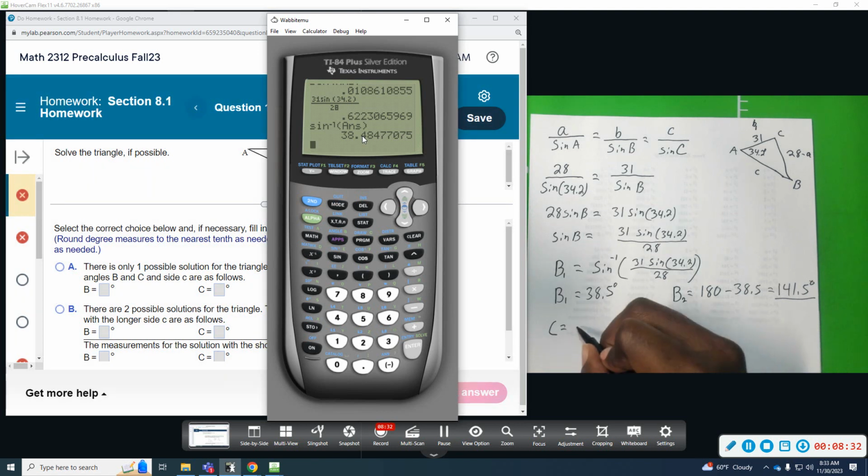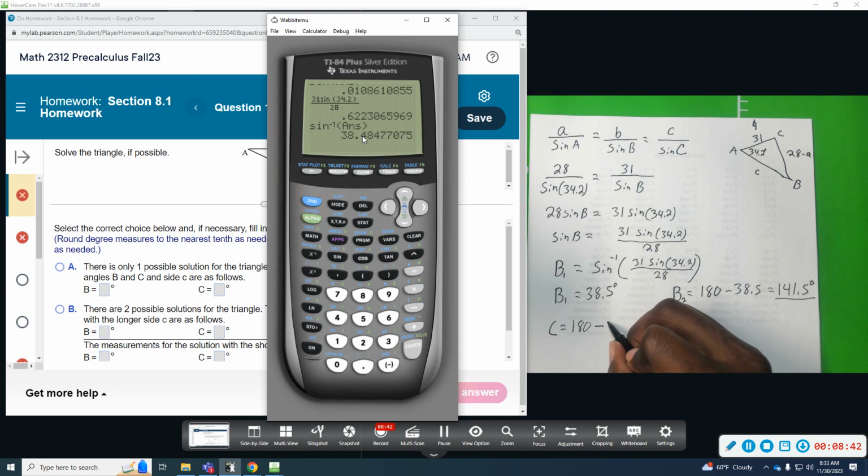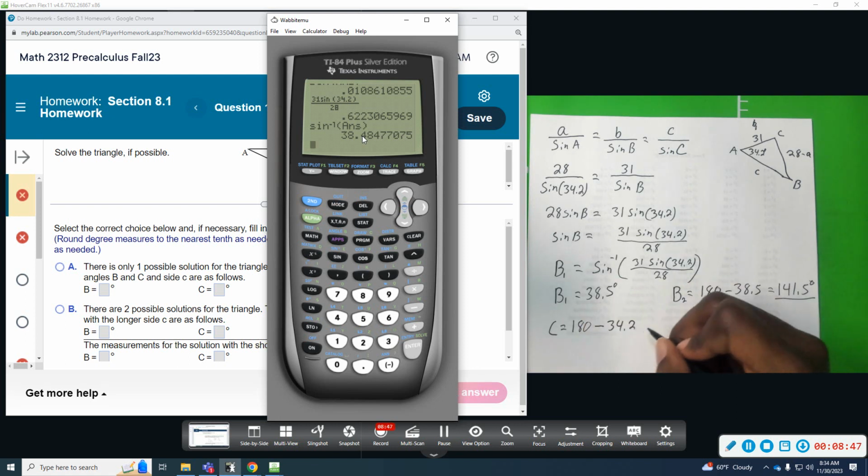So if I do 180 and I subtract the 34.2 that we were given for angle A, and I subtract the measure of angle B, which I just found, minus 38.5, that will give me angle C. So let's do that. 180 minus 34.2 minus 38.5.